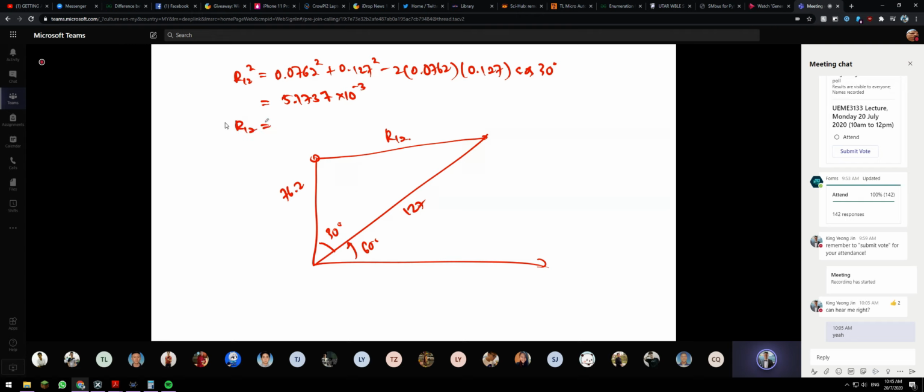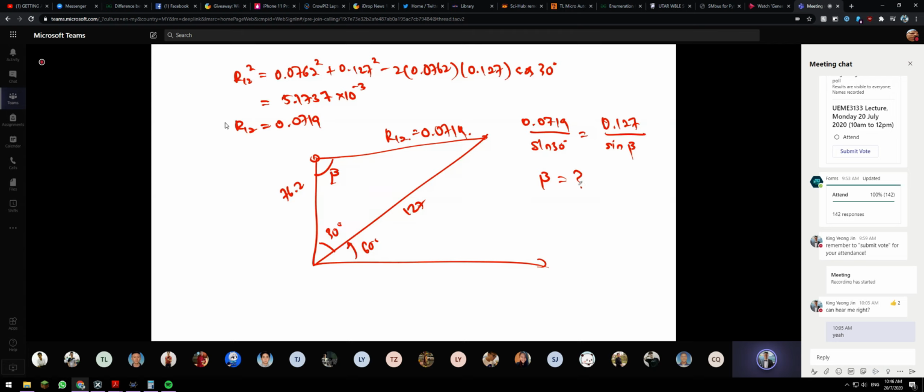So we just square root it. So we get 0.0719. Okay. Then we can find the angle here. So we have 0.0719 divided by sine 30 equal to 0.127 over sine beta. So we can find the beta.